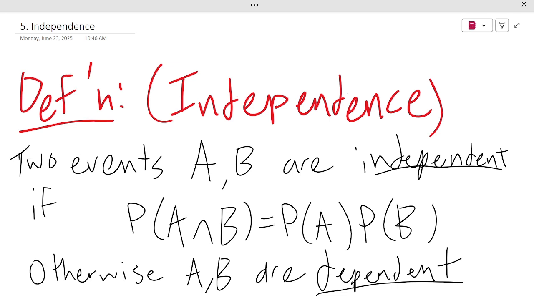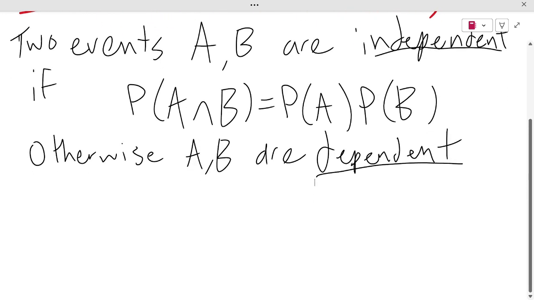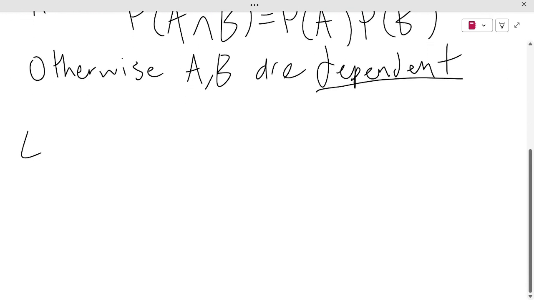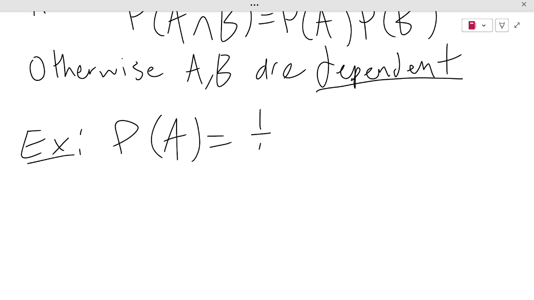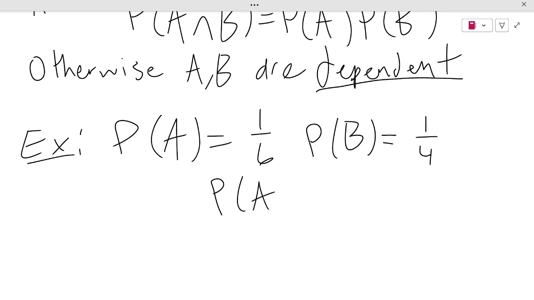Okay, so let's do a quick example just to highlight how we do that check. So for a quick example, let's say we have that the probability of A is equal to 1 over 6, and the probability of B is equal to 1 over 4. Then the probability of A intersect B is equal to 1 over 12.